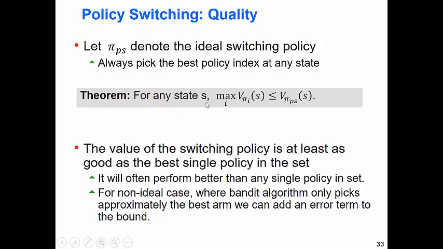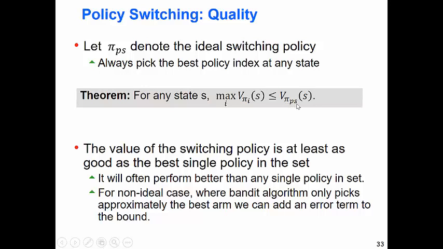You can say that for any state S, the max, if we look at the value of each policy in that state, this is the best value that you could get if you restricted yourself to these policies. That's less than or equal to the switching policy.